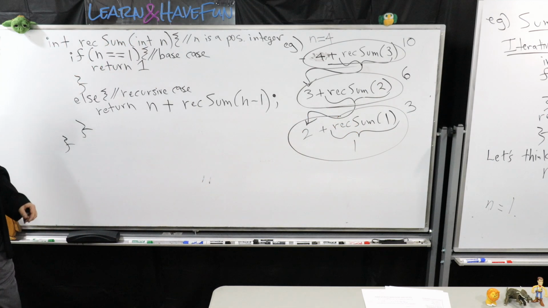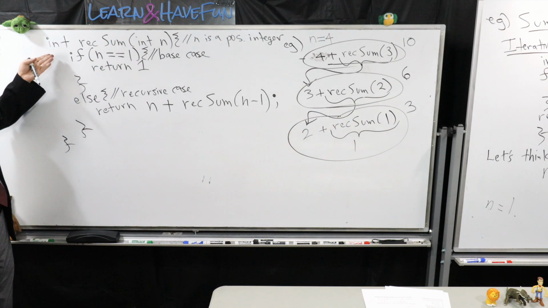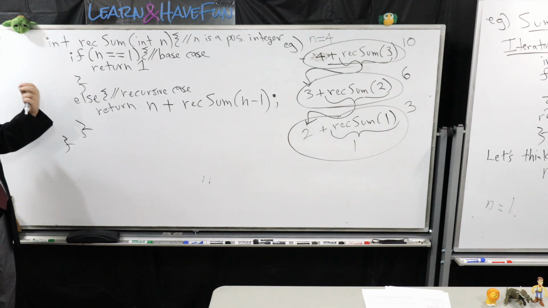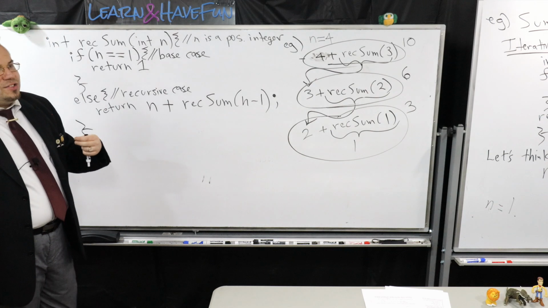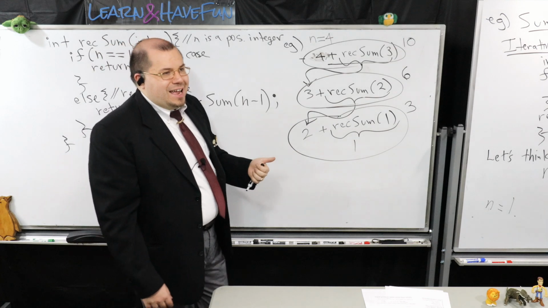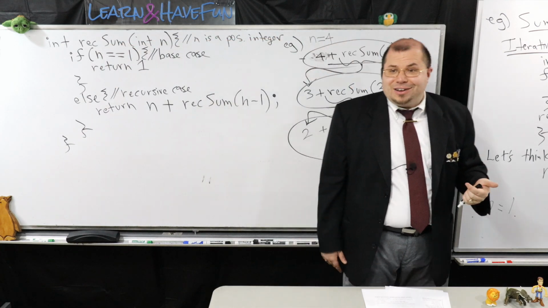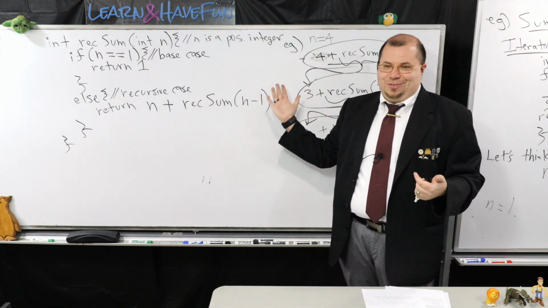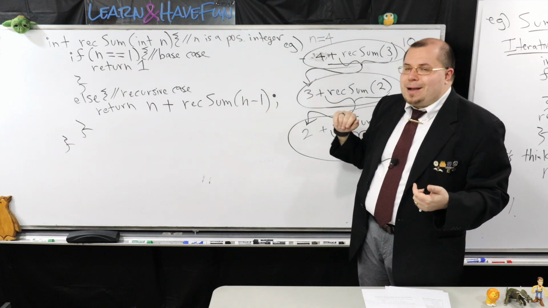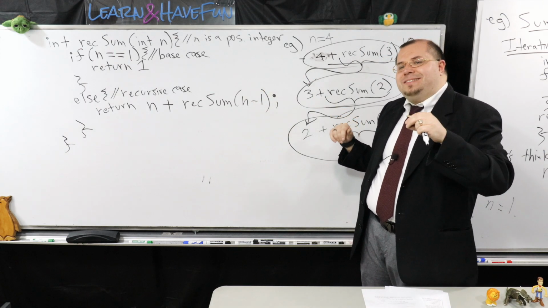I encourage you, if you want, to give it a try rewriting this so that it starts off at 1 and counts up to n. That's another thing you can do, but I assure you that this way is a lot more natural, because notice that my parameter is n and I can always decrement it.